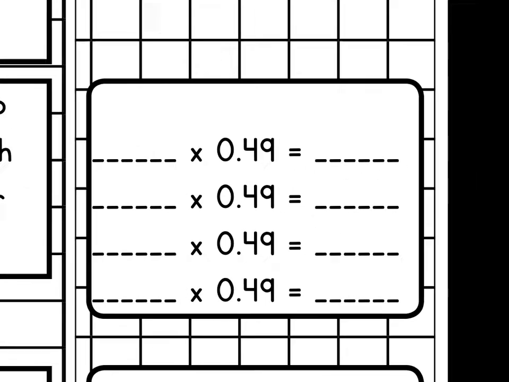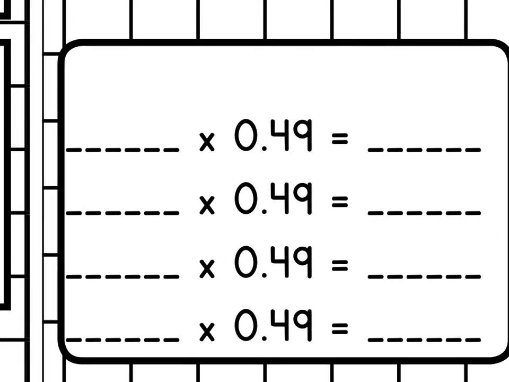If we go over to the box here, we have some blank spaces. Now, if I multiplied, put a 1 here, and we said 1 times 0.4. 1 times 0.4 equals 0.4, naturally.